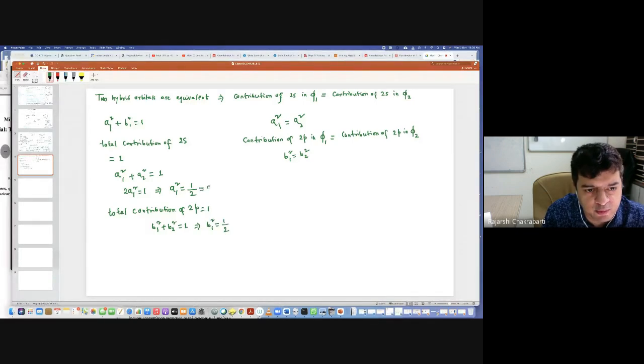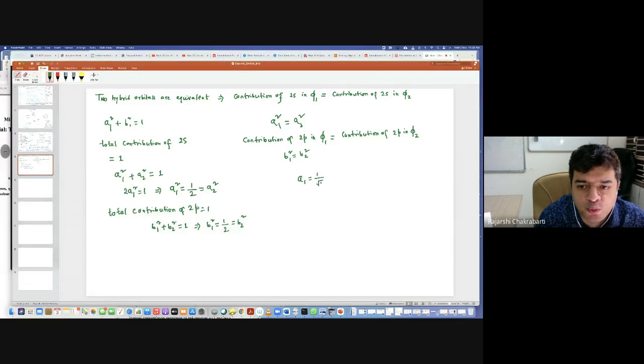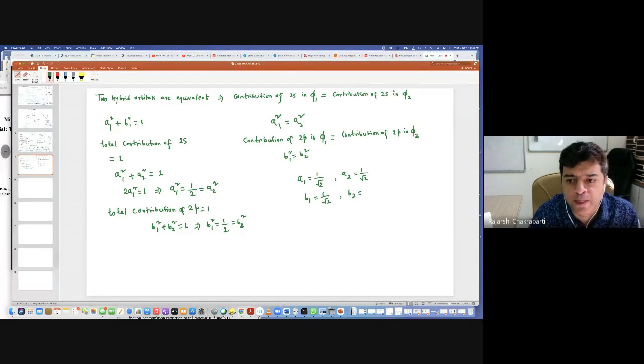This gives you that if I choose a1 to be 1 by root 2, a2 to be 1 by root 2, and b1 to be 1 by root 2, then what will b2 be?